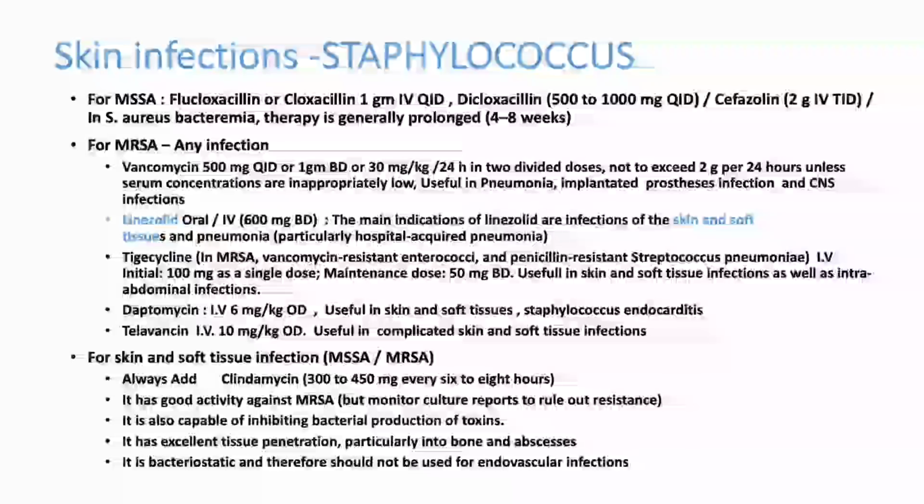Now, when we get a patient who is having a skin infection like cellulitis or infection over the foot, like diabetic foot, most of the time these organisms are gram positive. In an acute infection, most of the time the organism is gram positive like streptococci or staphylococci.